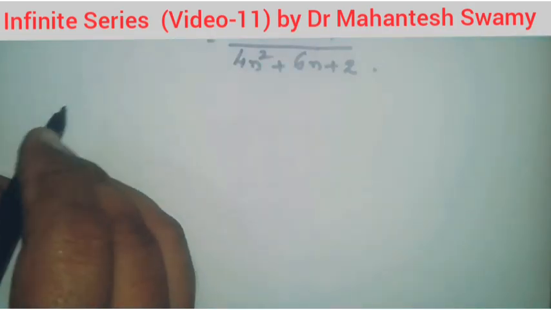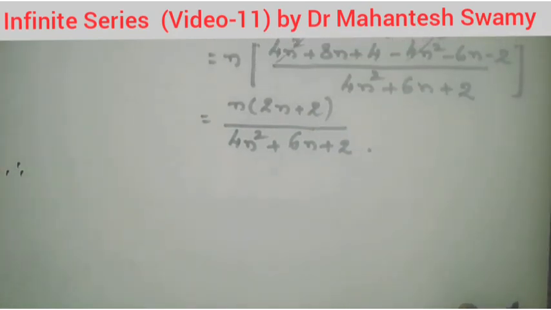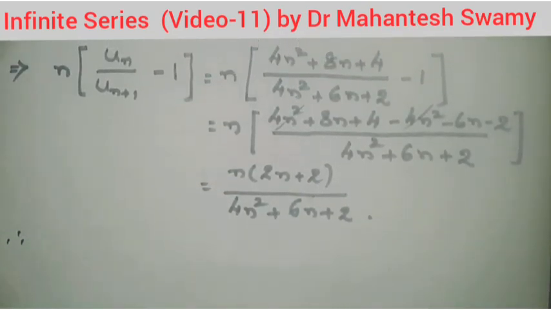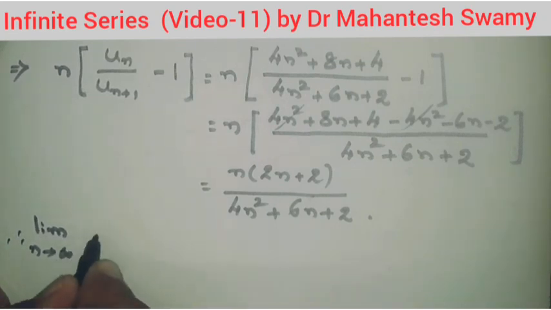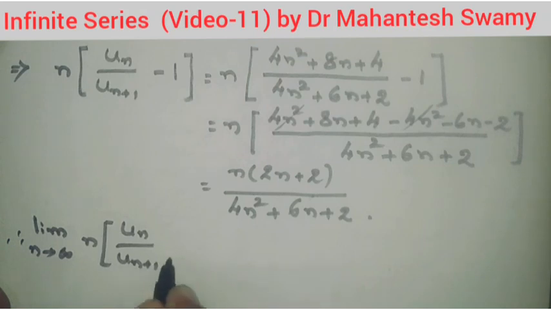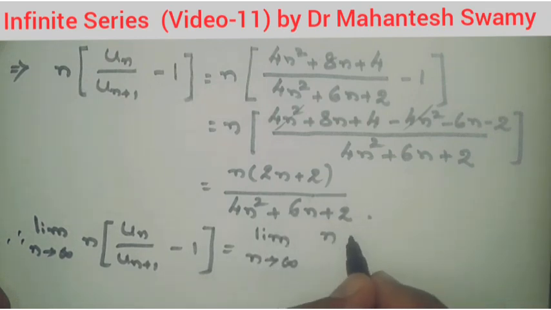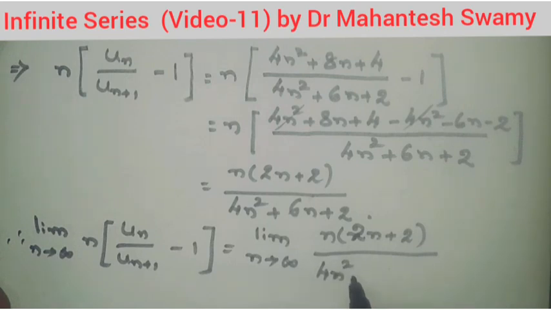So the limit as n tending towards infinity of n into bracket un divided by un plus 1 minus 1, that is this bracket, equals, on the RHS also, the limit as n tending towards infinity of, in the numerator n into 2n plus 2, in the denominator 4n square plus 6n plus 2.